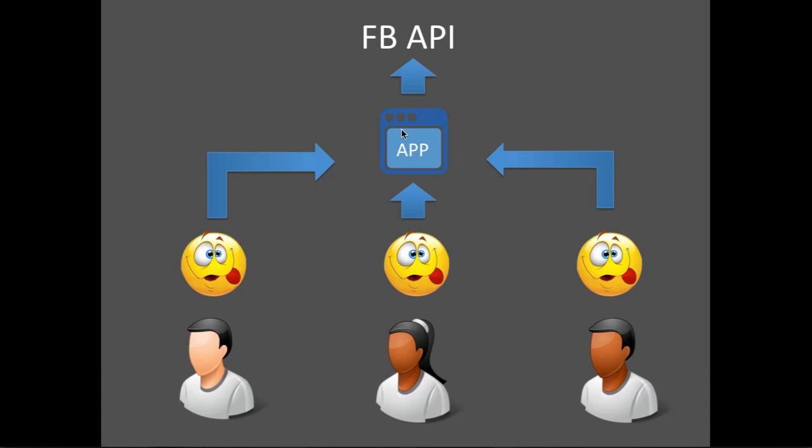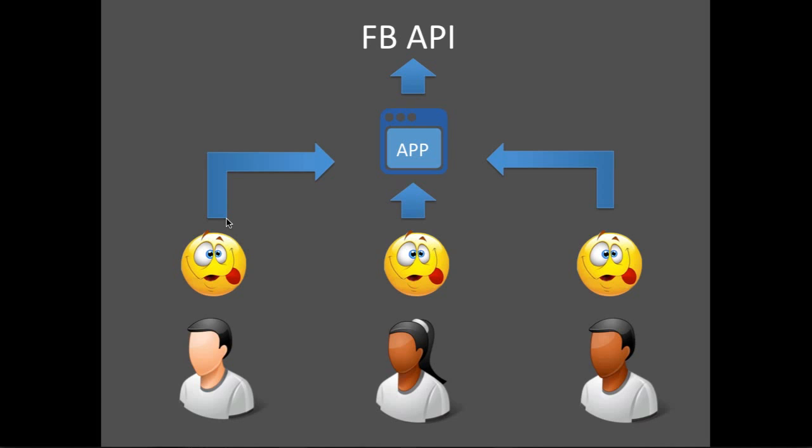And this Facebook app, obviously, then accesses the Facebook API, which is what allows it to retrieve data back to all these applications. So that's how it used to be.